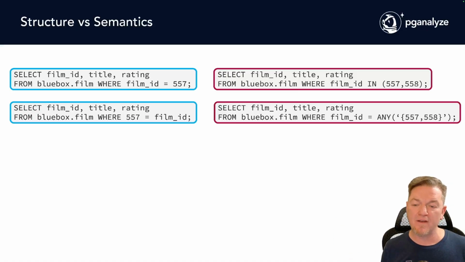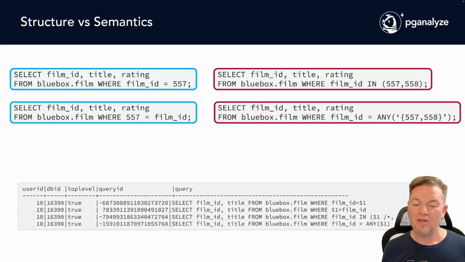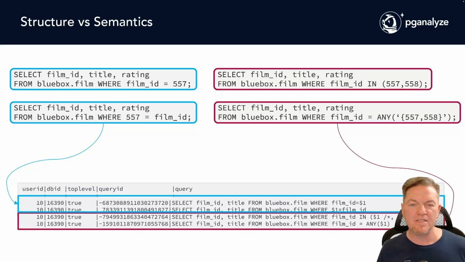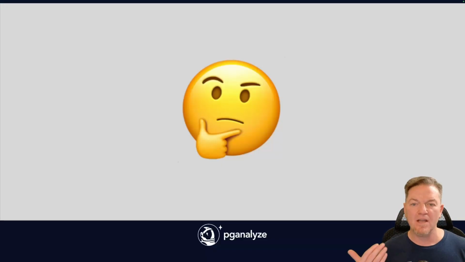Film ID equals 557 is logically and semantically the exact same thing as 557 equals film ID. However, we'll get two unique entries in pg_stat_statements because they are structurally different. The same thing for the queries on the right, where in with multiple values is different from film ID equals any in multiple values. What pg_stat_statements cares about is structure, not semantically similar things.